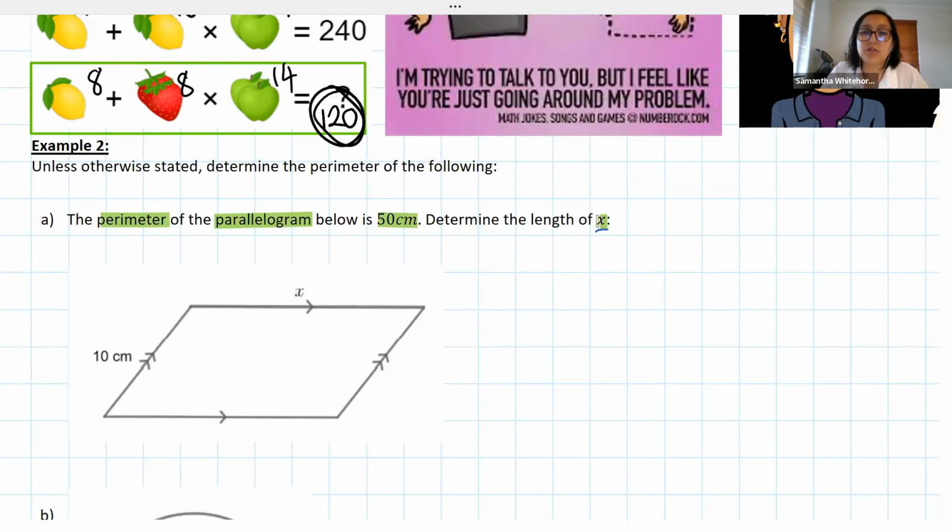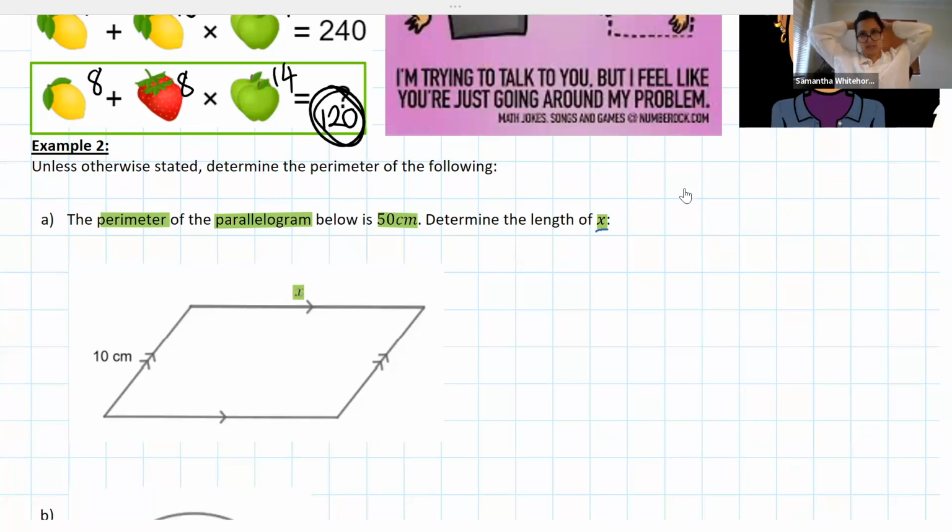I am asking you to find the length of X, okay? Now, my first question that I quickly want you to tell me on the chat is, what do you know about the opposite sides of a parallelogram? What are their relationships to each other? We did this when we spoke about quads. So what do you know about opposite sides of a parallelogram?